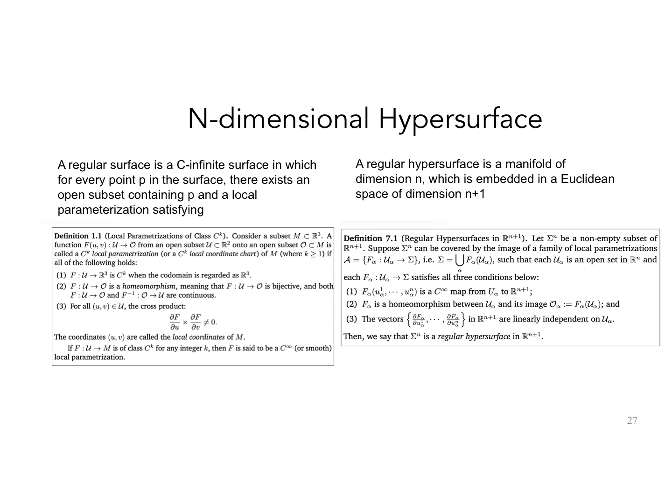The local parameterization is one of the criteria. Now, if I want to generalize that concept into n dimensions, we don't really see volume or things there, so we need to generalize the concept. A hypersurface is just the generalization of the concept in 3D.